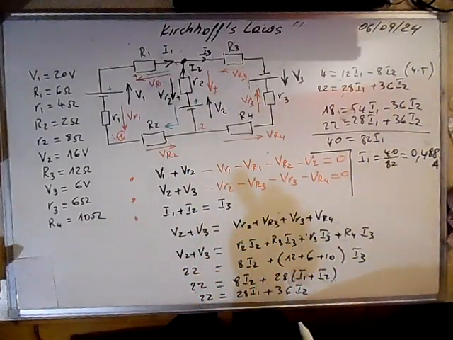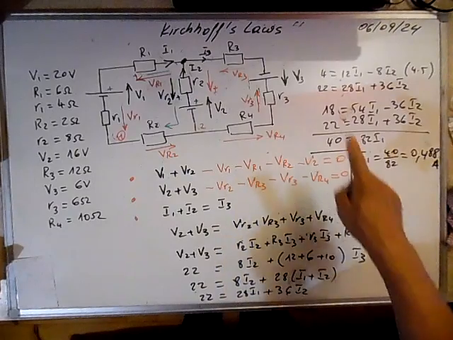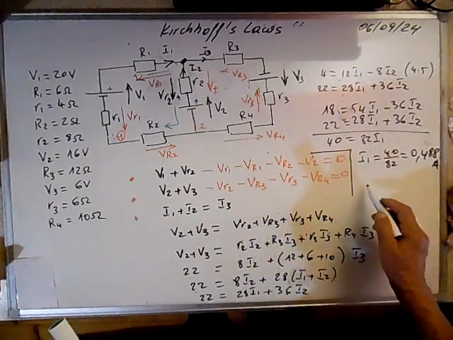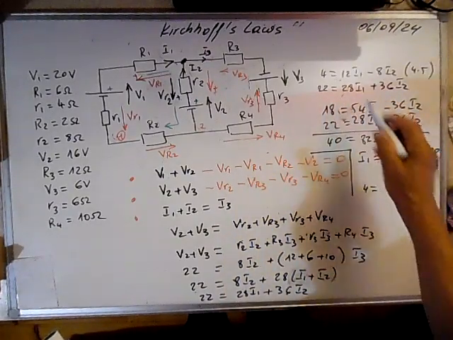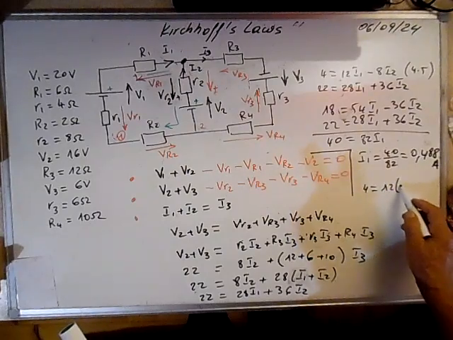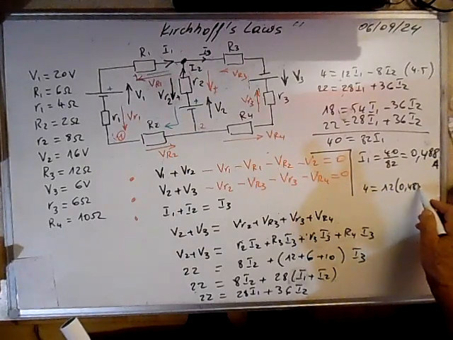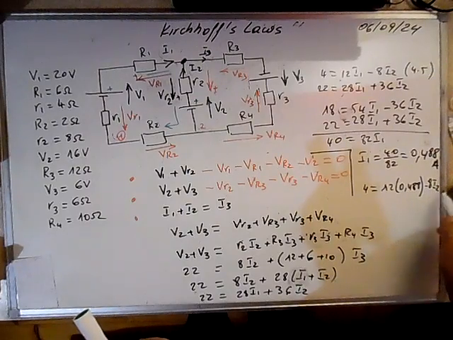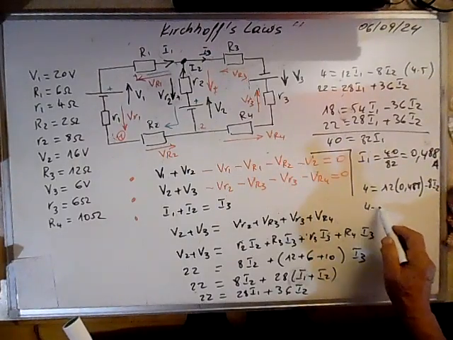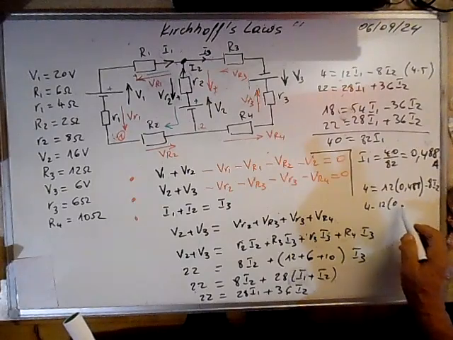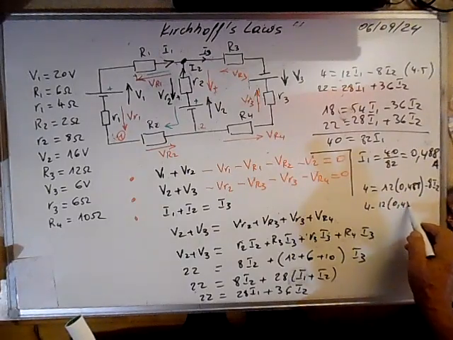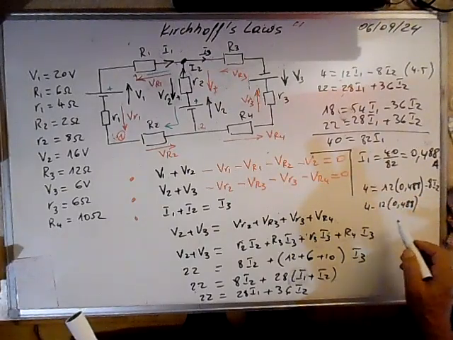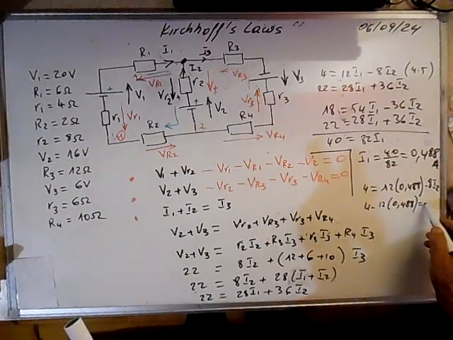From here we can calculate I2, taking one of the equations. Let's take the first equation, 4 is equal to 12 times 0.488 minus 8 I2. 4 minus 12 times 0.488 is equal to minus 8 I2.